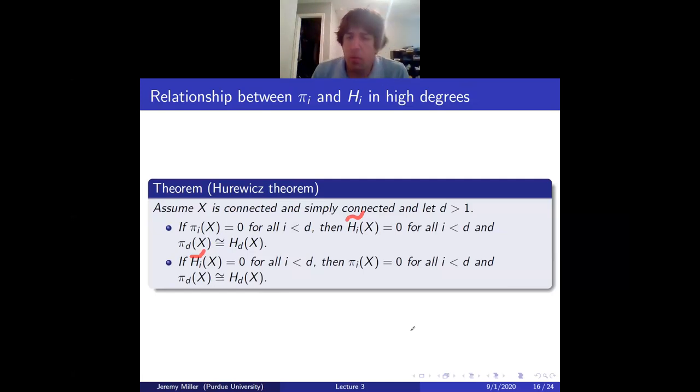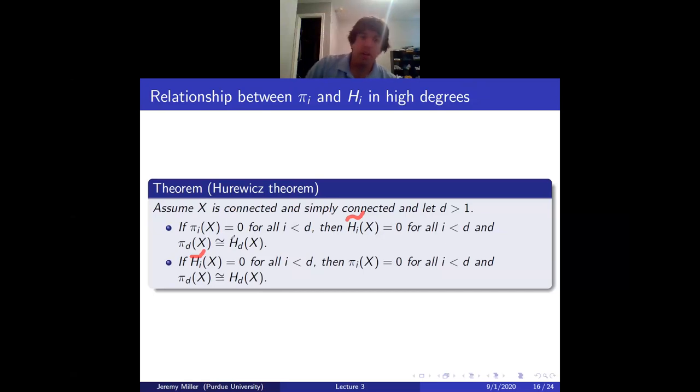And caveat, we do need this condition. In one of the directions we don't need the condition that the fundamental group vanishes, but in the other direction we definitely do. It's possible that you could have a space where the first 10 homology groups vanish, but pi1 is non-zero, just a group whose abelianization is non-zero.